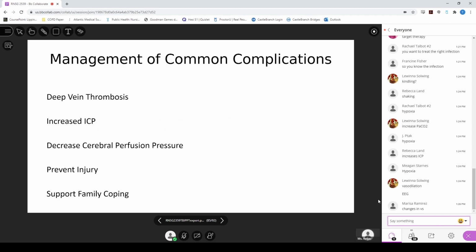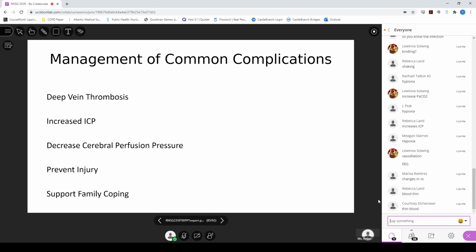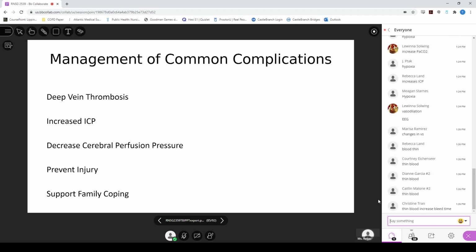Okay, you also have deep vein thrombosis. This is a catch-22 also, as with everything in nursing. So DVTs, you want to give them heparin, but what is heparin going to do? It thins the blood, which is going to increase bleeding, right? So for some patients, they can handle the heparin and they will put them on heparin if they're at extremely high risk for developing a DVT.